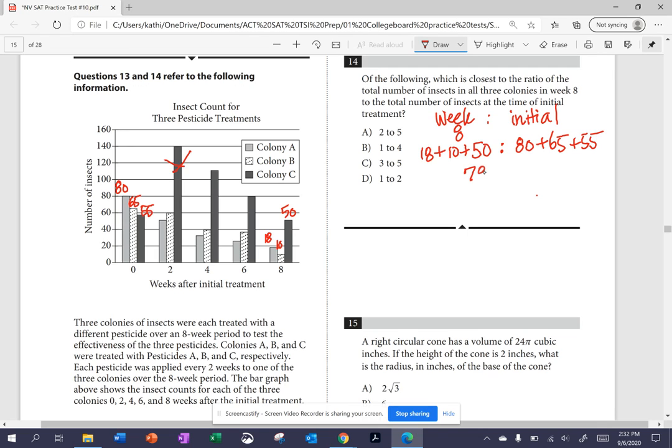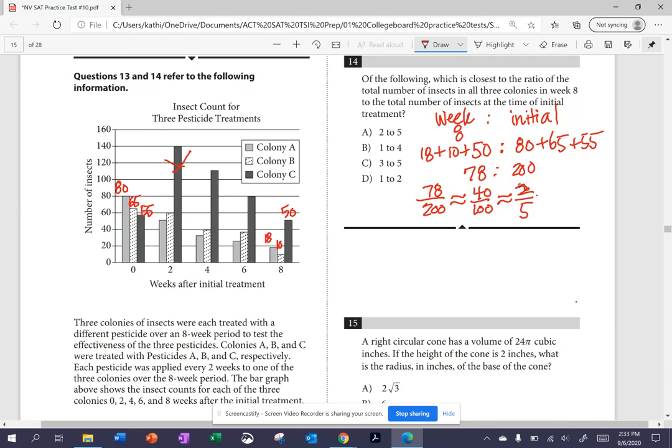So I get a ratio of 78 to 200. So looking at this in terms of a fraction, this is about 78 to 200 and approximately 40 over 100, which if I simplify turns out to be about 2 to 5.